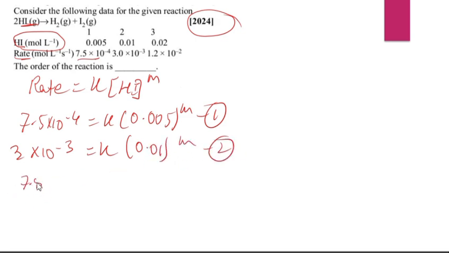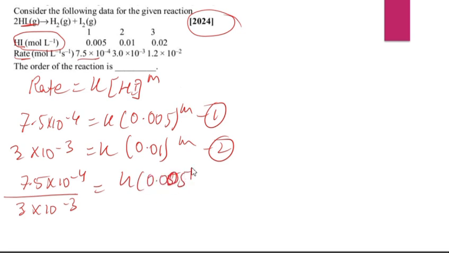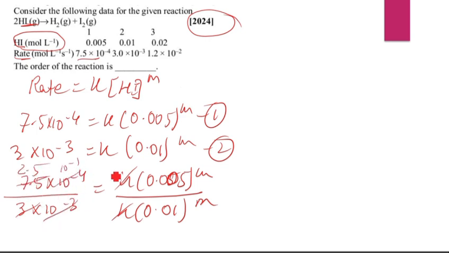So dividing, 7.5 into 10 to the power minus 4 by 3 into 10 to the power minus 3 equal to k 0.05 to the power m divided by k 0.01 to the power m. So k cancels. 7.5 by 3 is 2.5, and this and this will be 10 to the power minus 1.